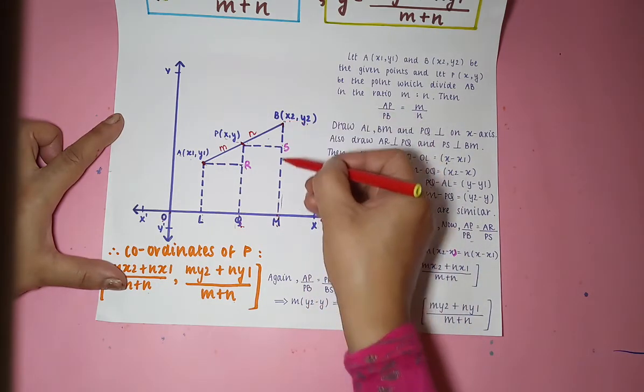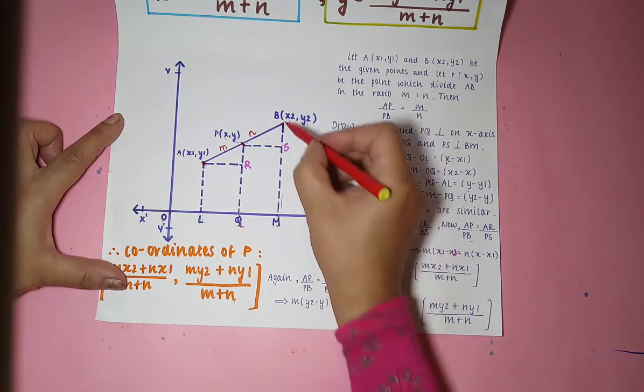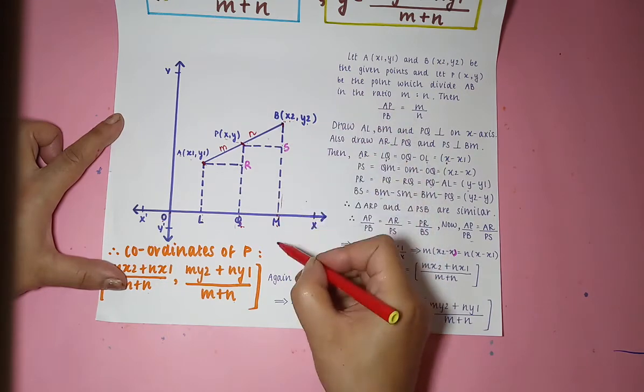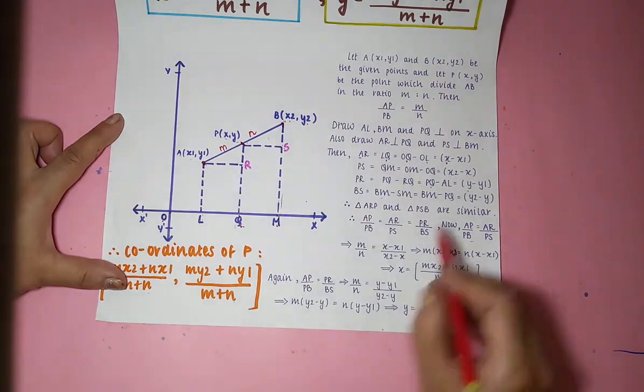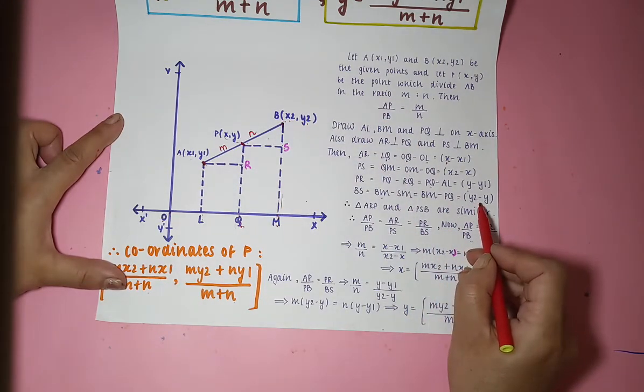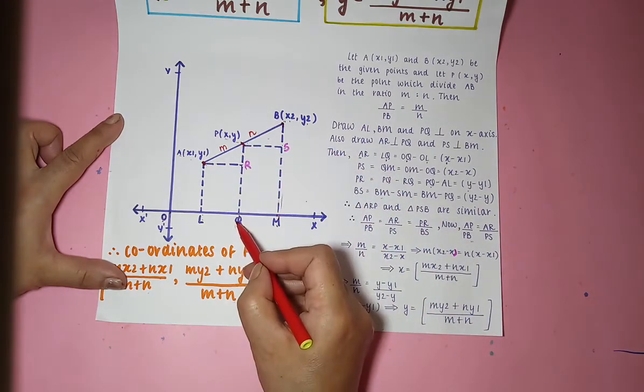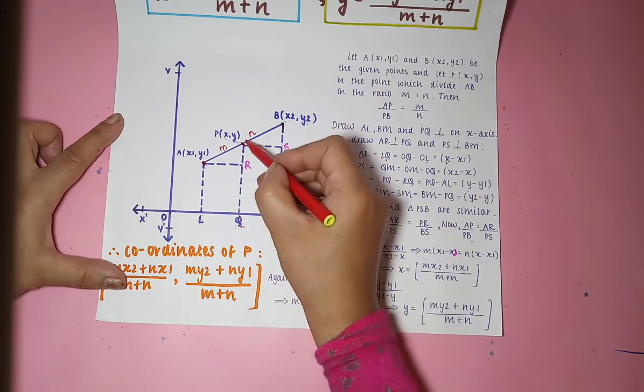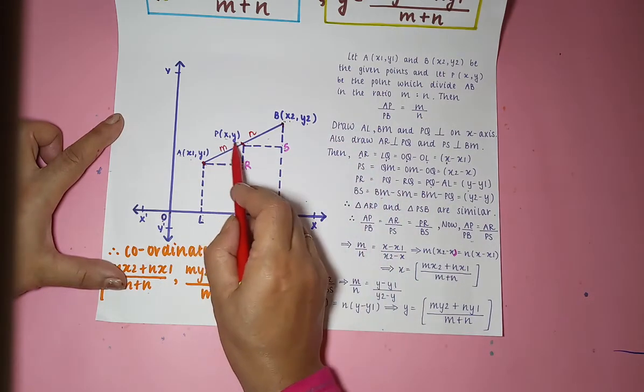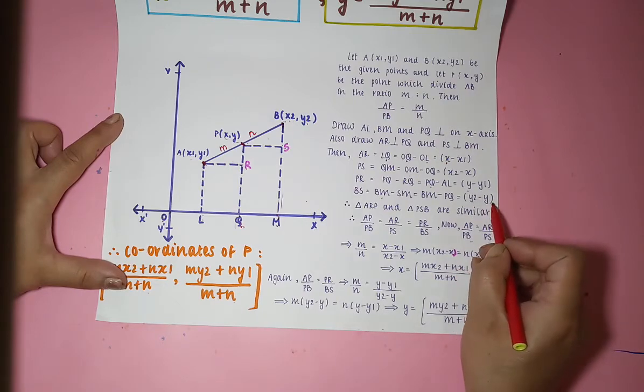The distance along BM is represented by this point B along the y-axis. How much is that? y2, right? And we are saying that SM is equal to PQ. So what is the distance along PQ that is represented by point P along the y-axis? What is that? y. So that is y2 minus y.